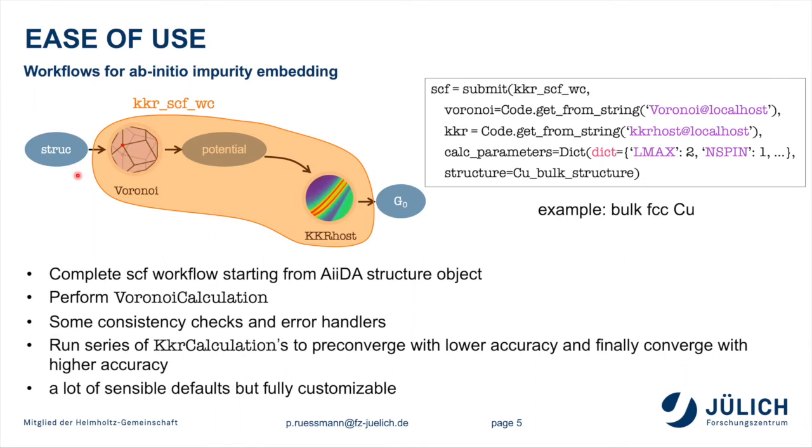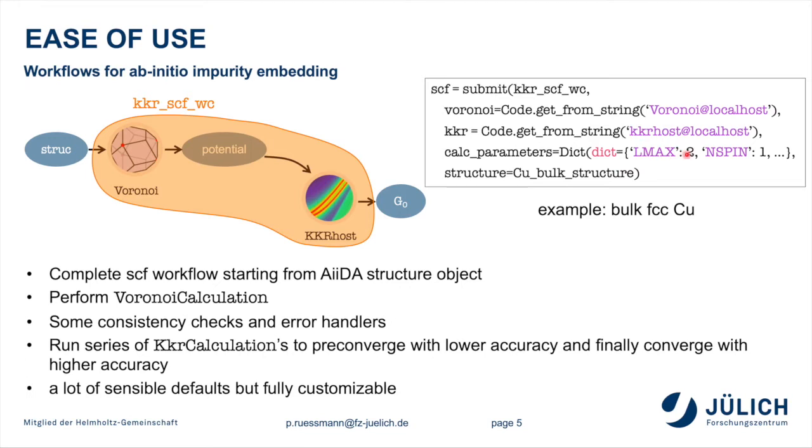Let's take a look at a concrete example and look at a simple system of bulk FCC copper. We can simply submit the KKR SCF workchain with AiiDA's submit command. We just have to provide the Voronoi code, an instance of the KKR code, and some basic parameters.